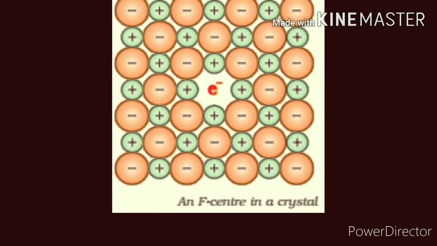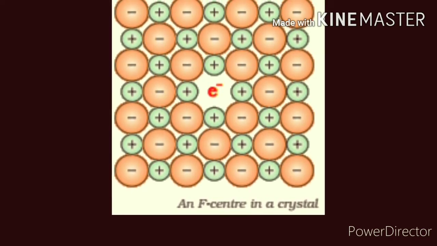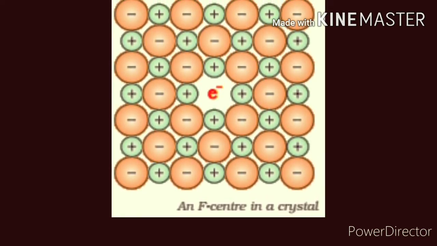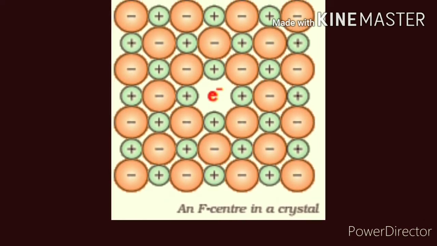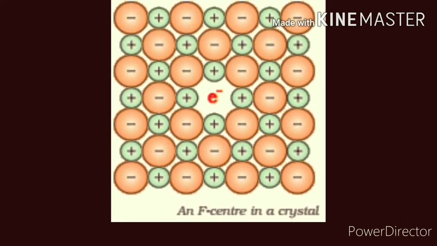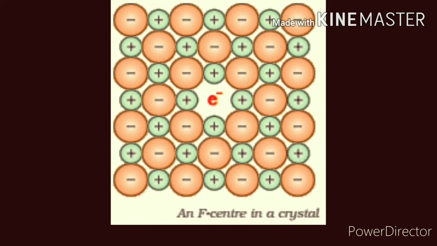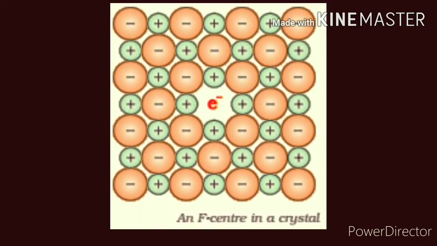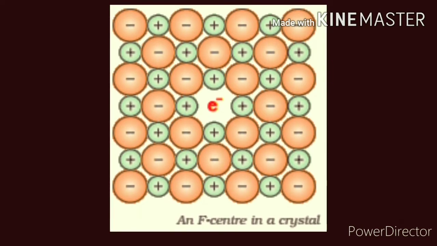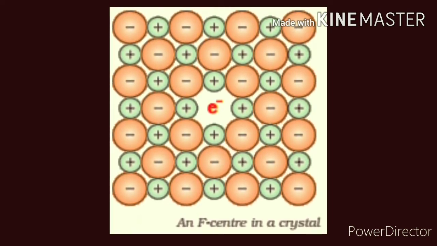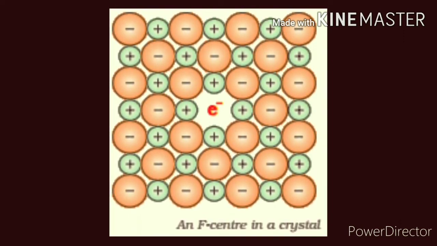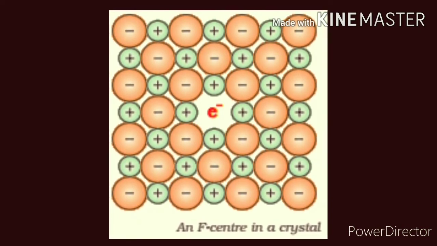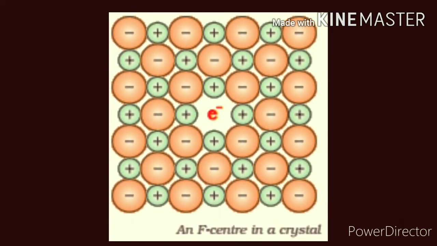Now we shall talk about the first type of metal excess defect, and this first type of metal excess defect is anionic vacancy. This type of defect arises when a compound like NaCl is heated in the vapor of sodium.